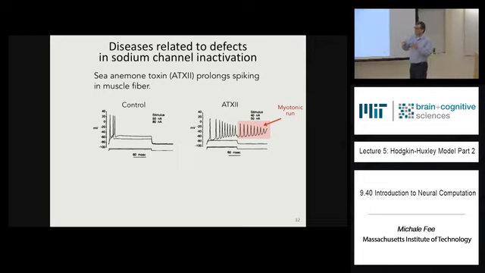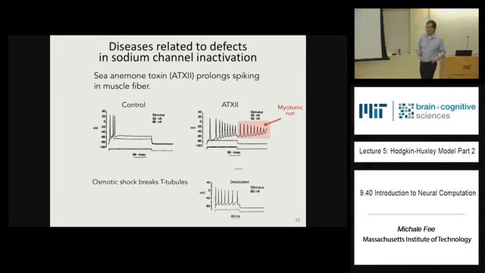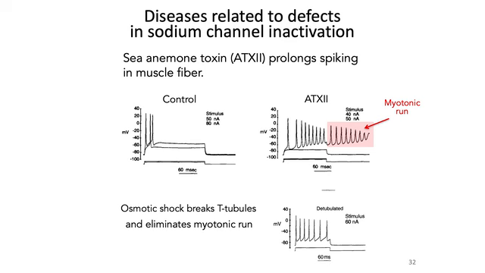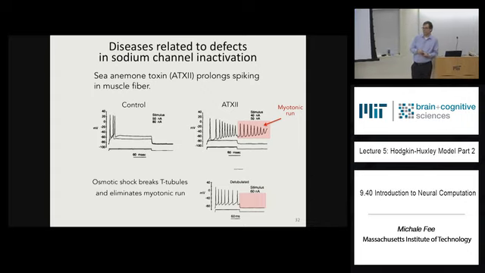What it does is disconnect all the T tubules from the membrane. It doesn't break the membrane, but it disconnects all the T tubules. And what happens is the myotonic run goes away. So something about the T tubules is causing this myotonic run.